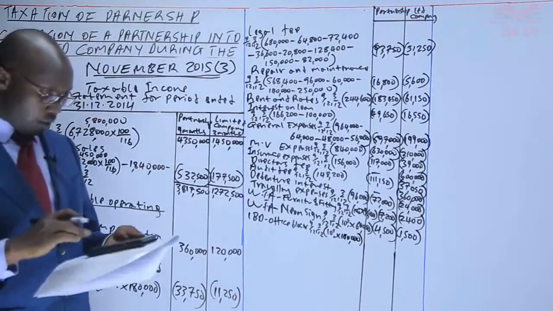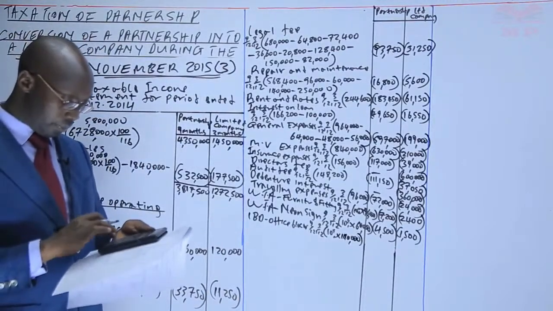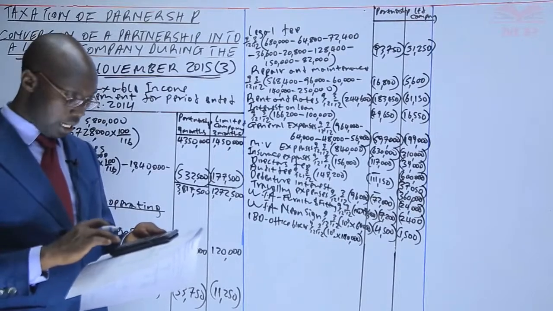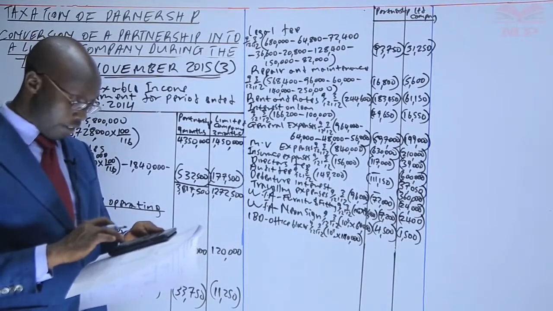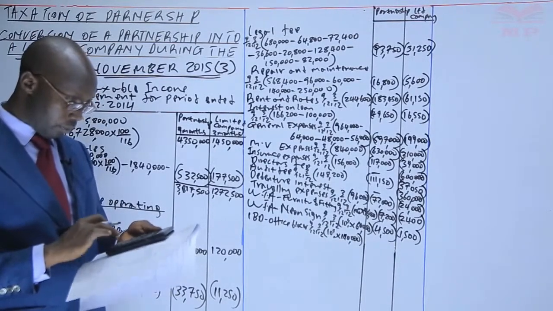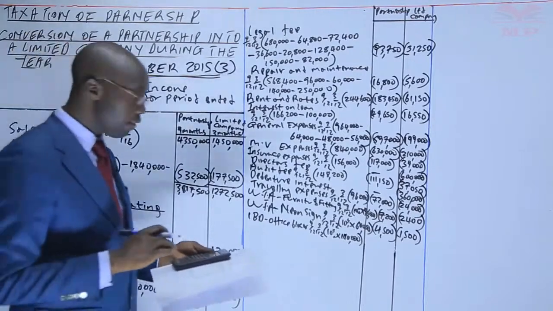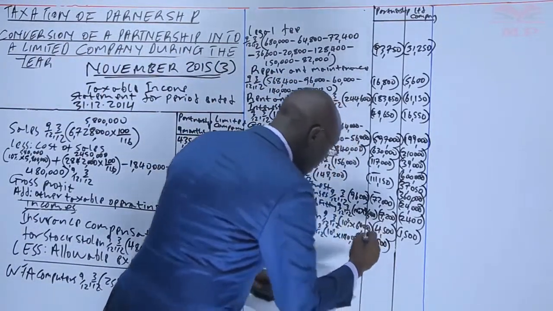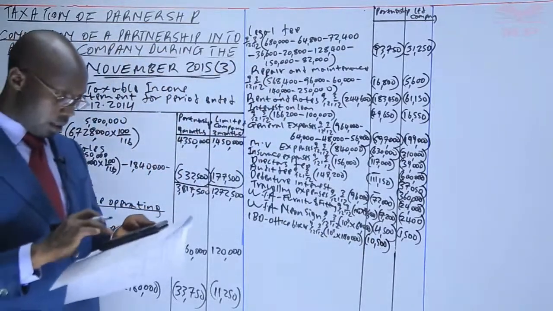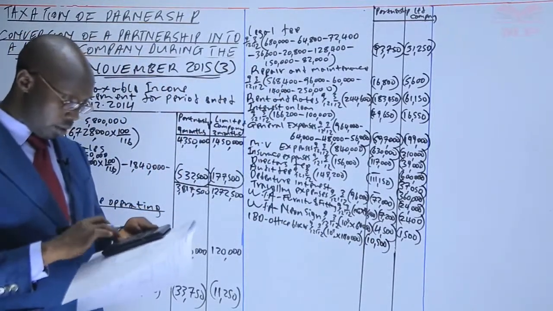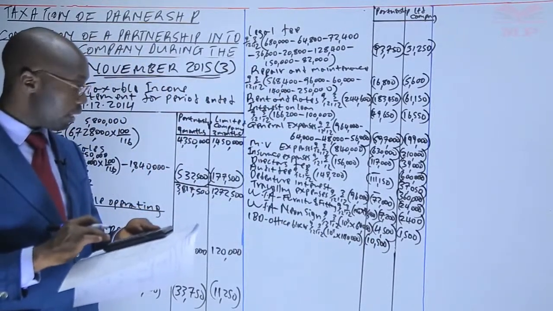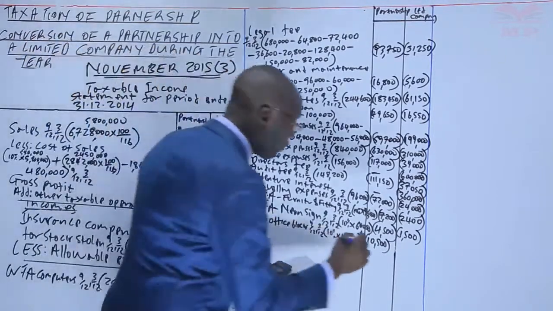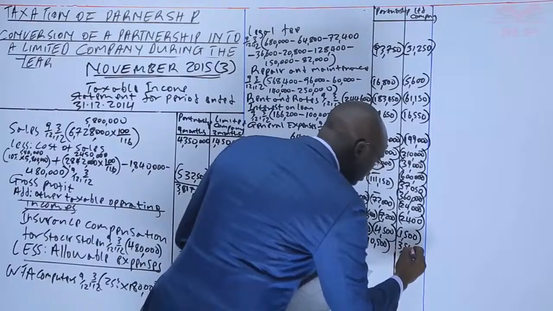So 10% of 140 gives us 14,000. Then times 9 divided by 12. That gives us 10,500. The other one would be 3 over 12 of the 14,000. Gives us 3,500.